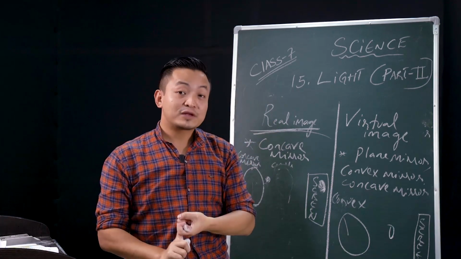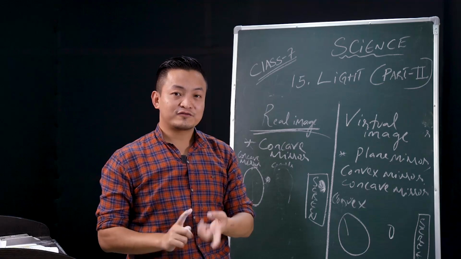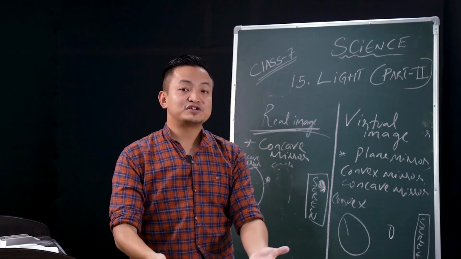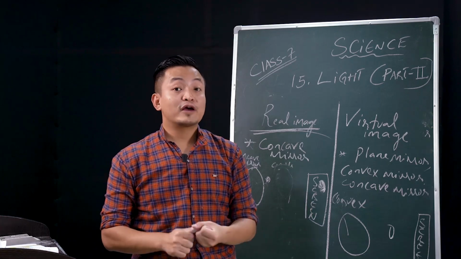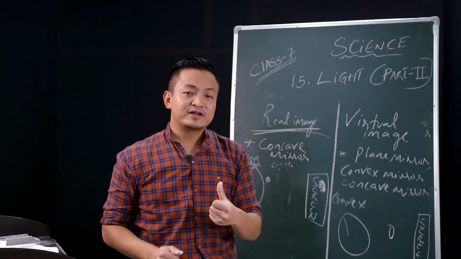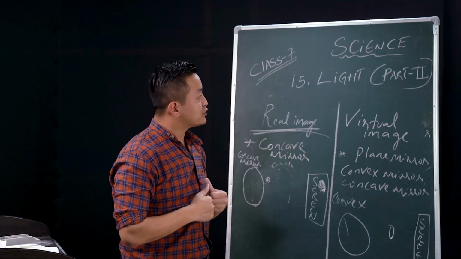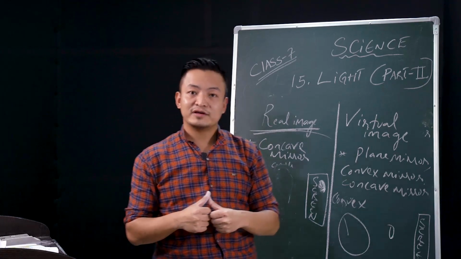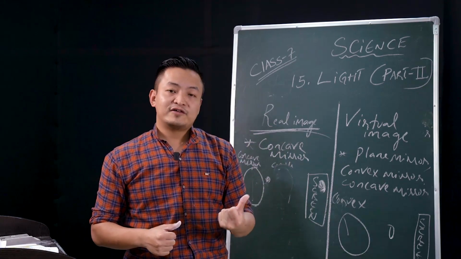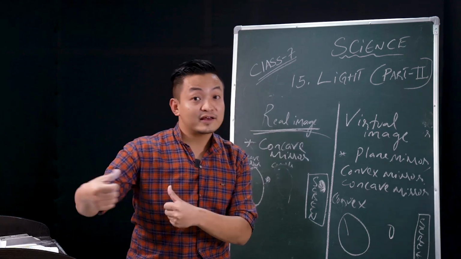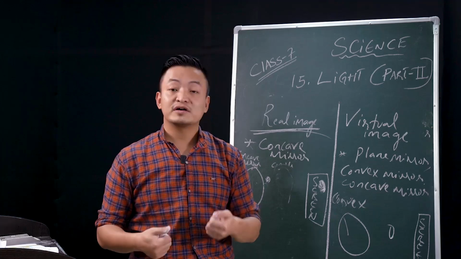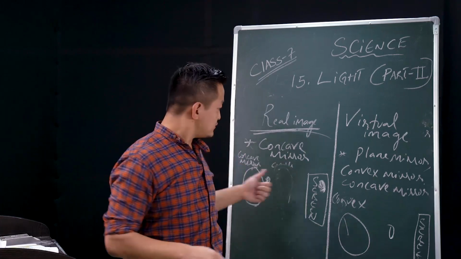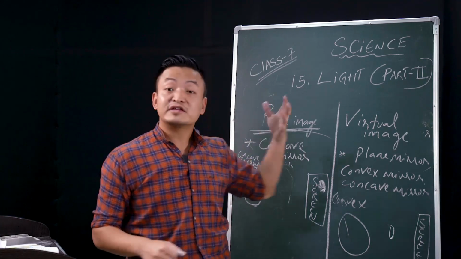So we have studied two types of spherical mirror, concave and convex, and what type of image we can see from those two types. Clear? And also we have seen different examples, and examples are very important because they are often asked in exams. So in concave, I have given that concave mirror can be used in the headlight of a car. It's used by a dentist, as a shaving mirror, and even in a solar furnace.